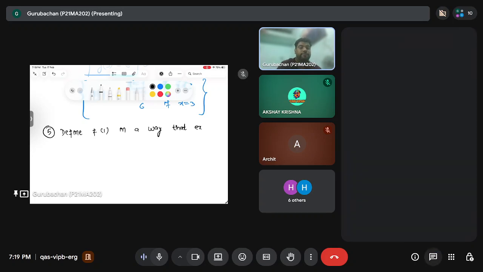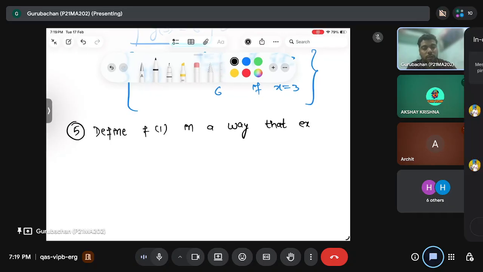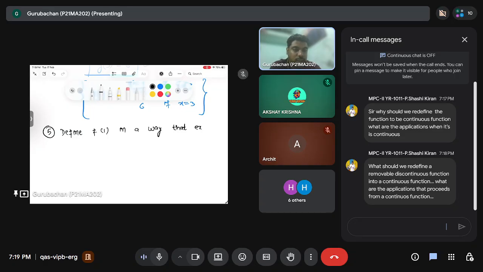See, I cannot, for the timing, tell you the exact application of this. So everybody first of all read the comment of this one person, Shashi Kiran. They have asked why we are redefining this discontinuous function to make it continuous, and what is the application of this?